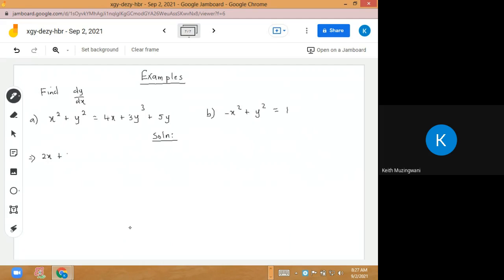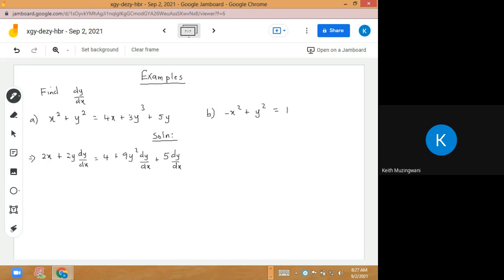Differentiating y squared, we get 2y, but because it is y, we multiply by dy dx, is equal to differentiate 4x, we get 4, plus differentiate 3y to the power 3, we get 9y squared, but because it is y, we multiply by dy dx. Plus differentiate 5y, you get 5, but because there was a y, you put dy dx.